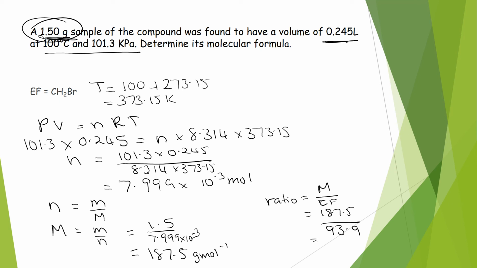So this number comes out to 2. So the molecular formula will equal 2 times everything. So 2 times 1 is 2, C2. 2 times 2 is 4, H4. 2 times 1 is 2, Br2.